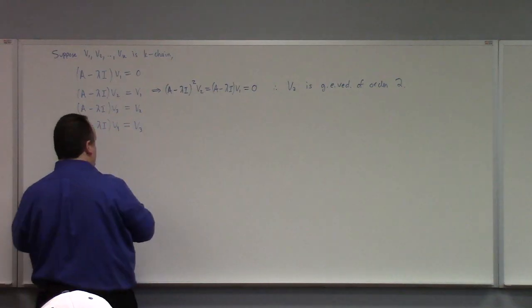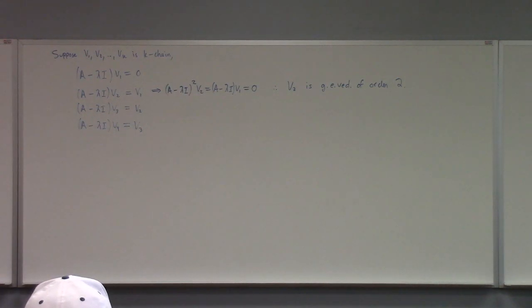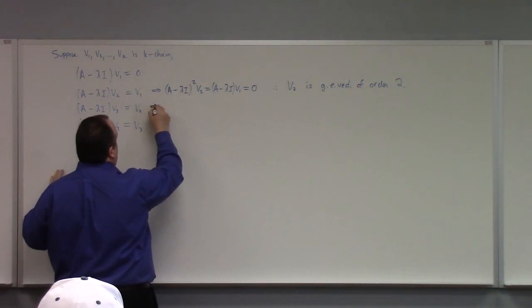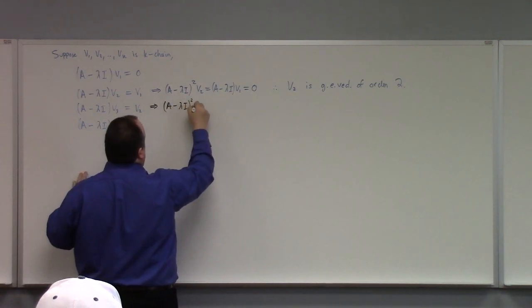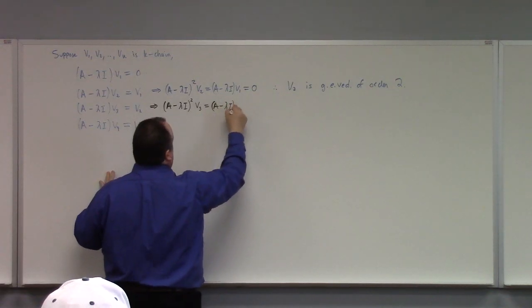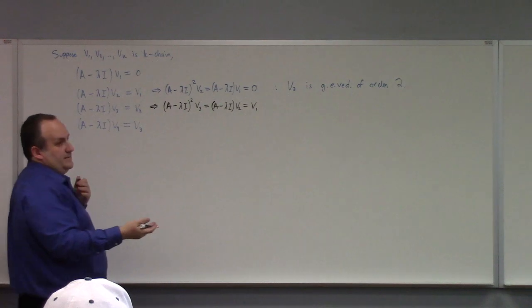All right. Let's do this for v3. What happens when we multiply v3 by A minus lambda I? Well, we get v2, right?